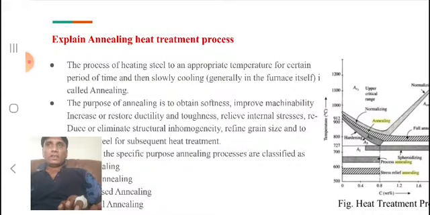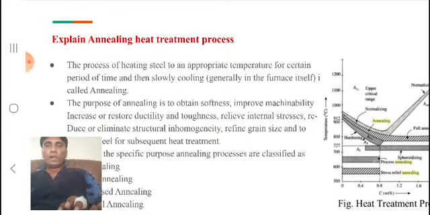So what is annealing? It is the process of heating steel to an appropriate temperature, especially the austenitic phase temperature, that is above the A3 line. Above the A3 line, the phase we have is the austenitic phase.